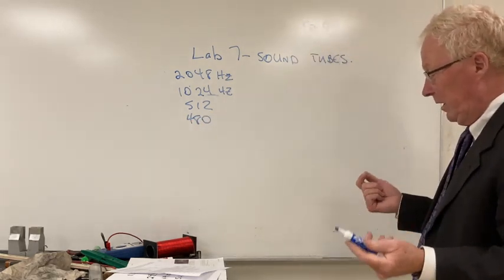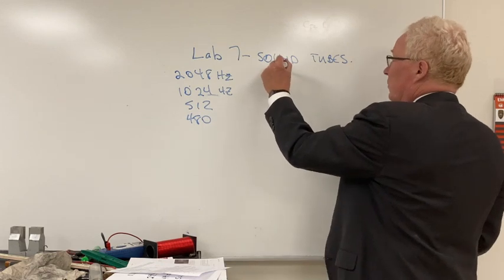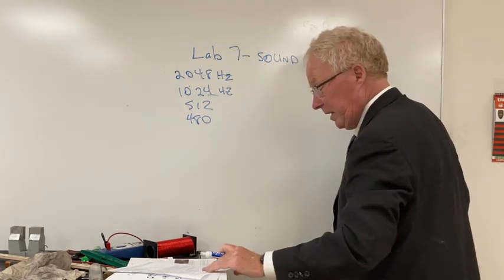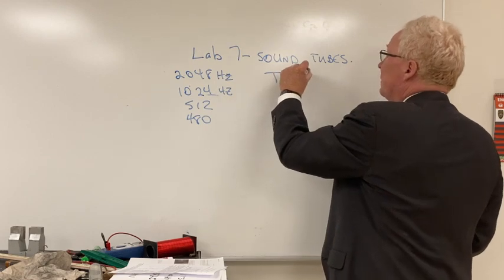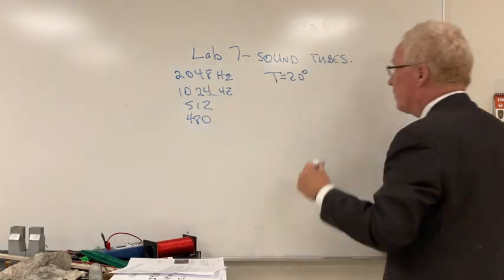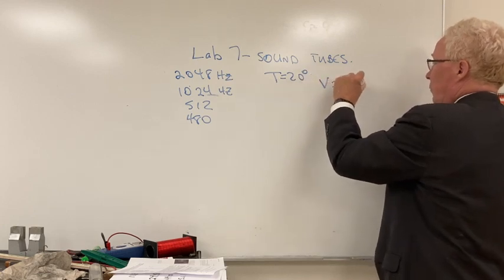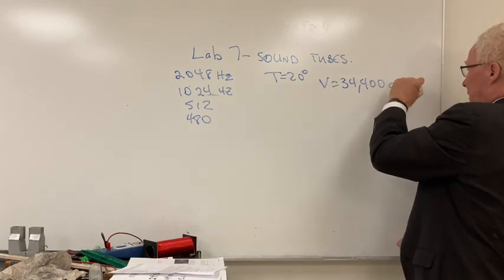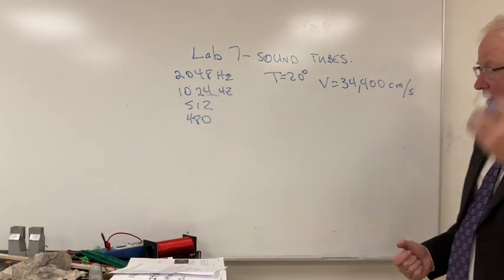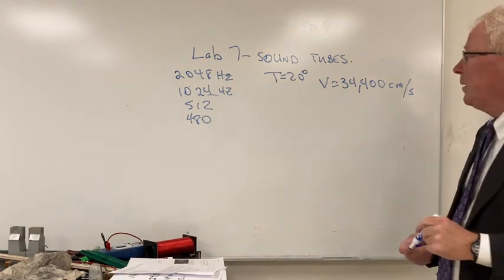Now the relationship for sound, in this case the temperature is 20 degrees C, so if you look at the calculation, I end up with the speed of sound being 34,400 centimeters per second. And we're going to use centimeters because our measurements are in centimeters with the lab, as you'll see.